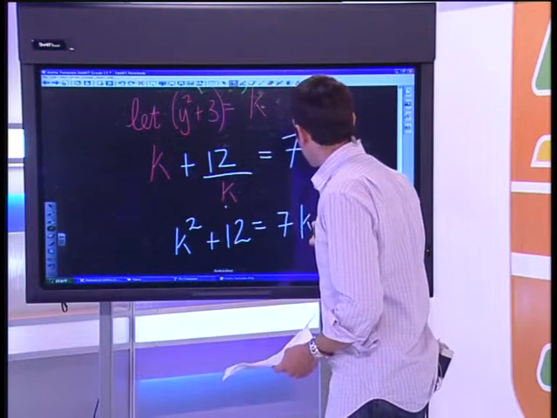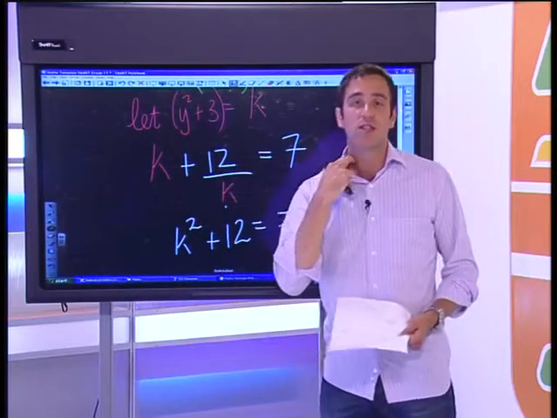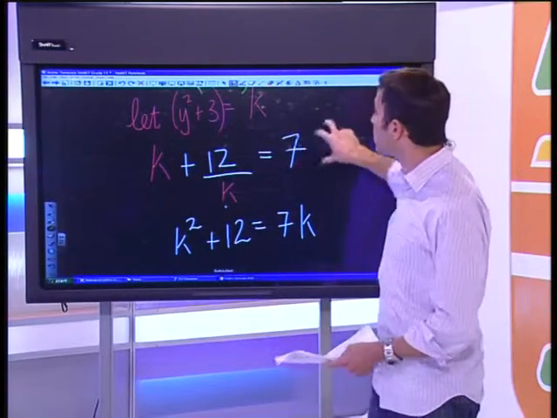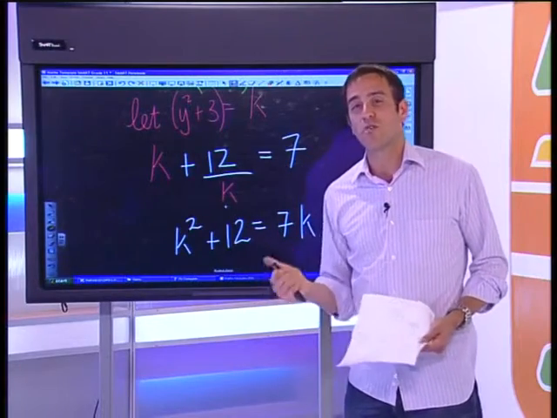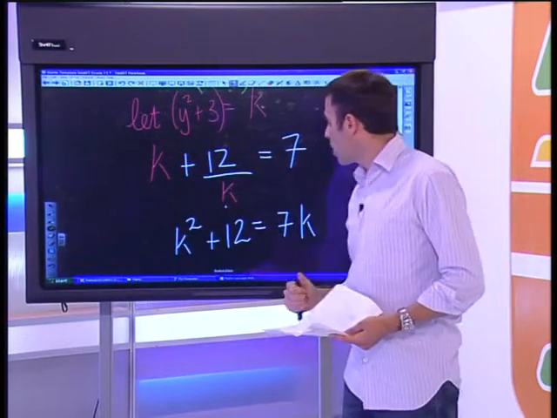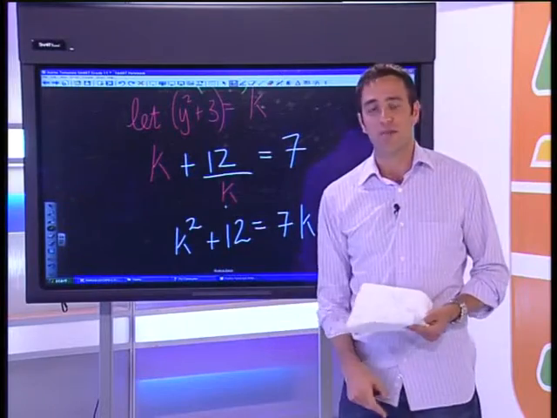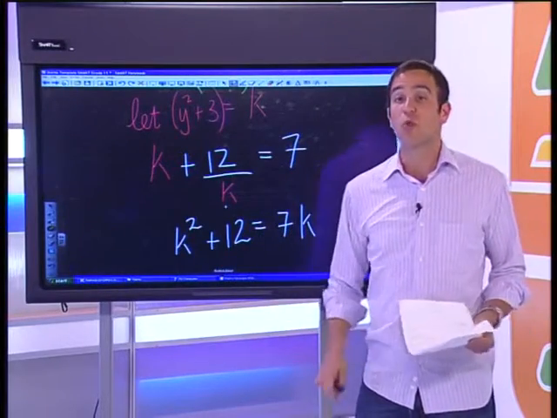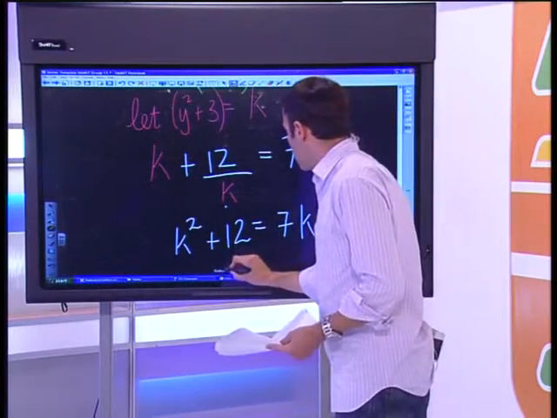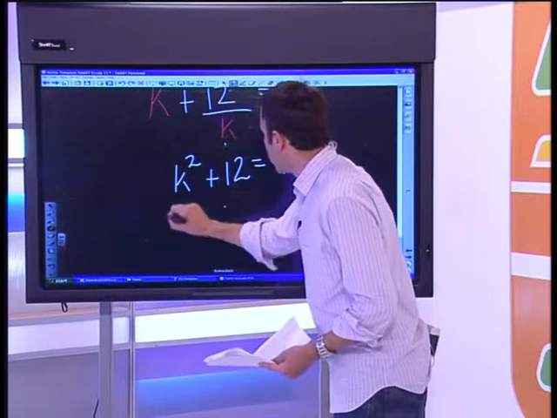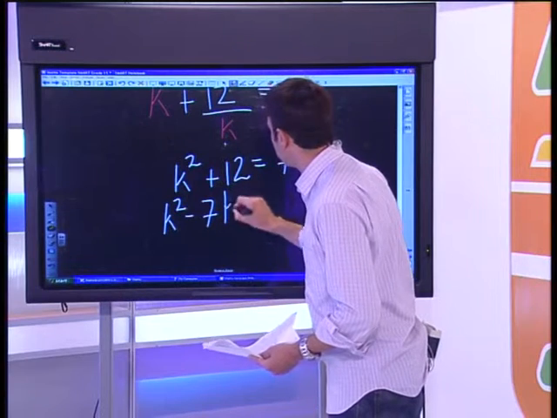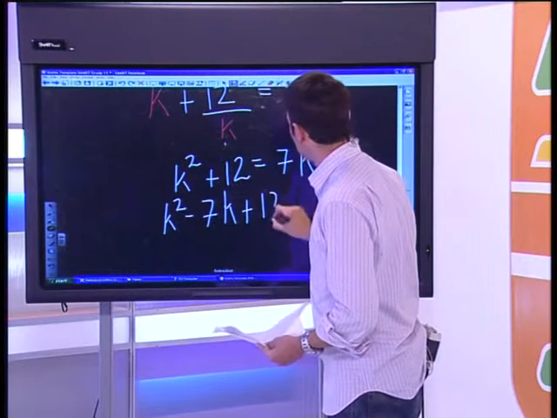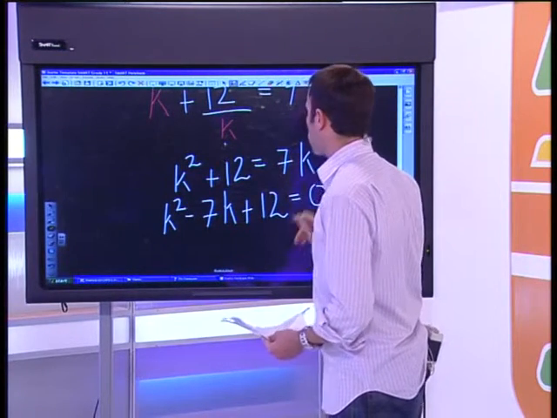Remember, the LCD you've got to multiply through to both sides of the equation, including the right-hand side. And this is now starting to look like a trinomial. I've got k squareds, I've got k's, and I've got just a single number. Let's bring everything over to one side. So I've got k squared minus 7k plus 12 equals 0.